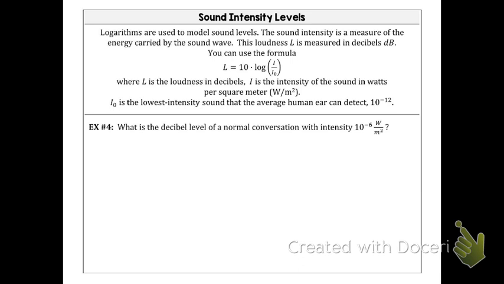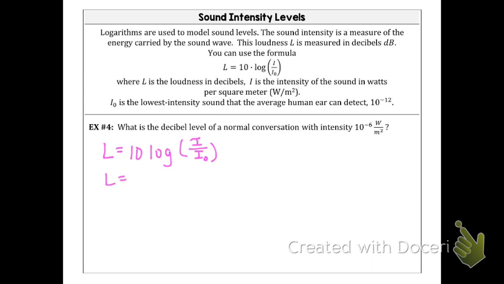Example 4 says, what is the decibel level of a normal conversation with an intensity of 10 to the -6 watts per square meter? All right, so we want the decibel level, so we want L. So we know that L is equal to 10 log of I over I sub 0.